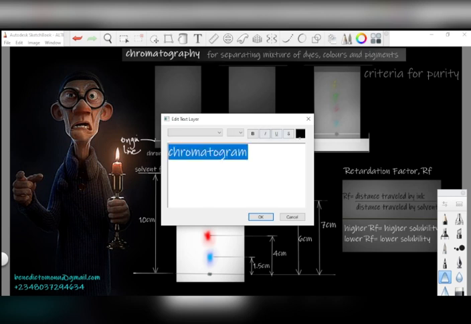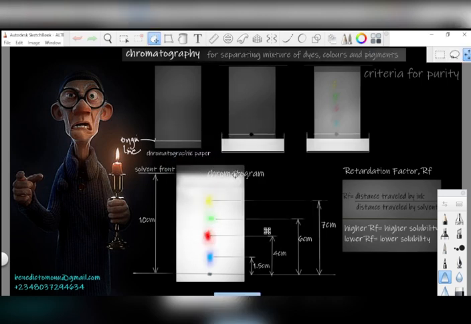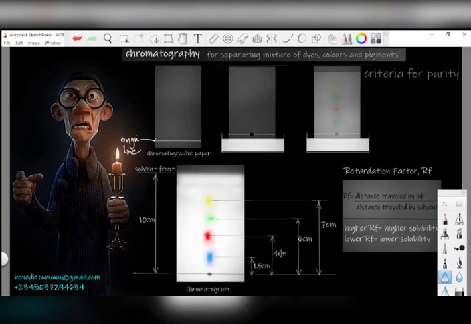A chromatogram is a chromatographic paper that now has the separated colors or ink. We now see that the ink has been separated. That is where your separation ends.